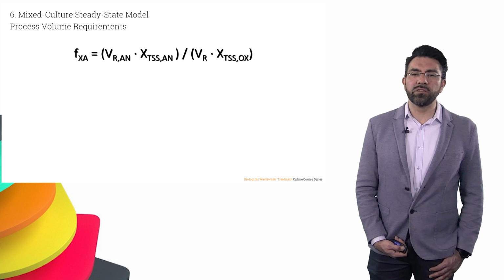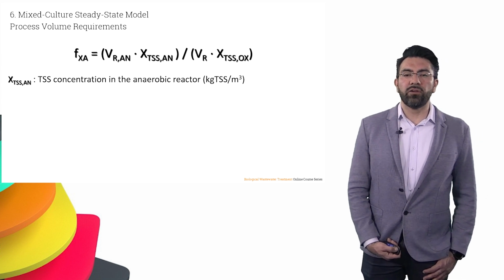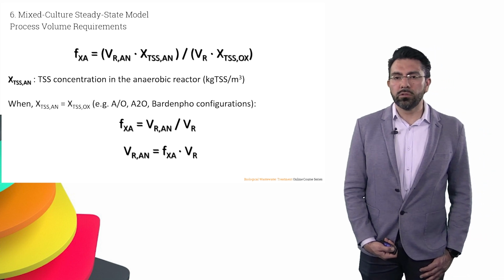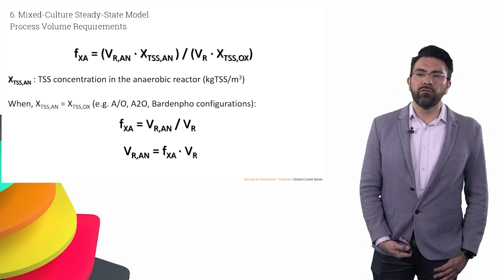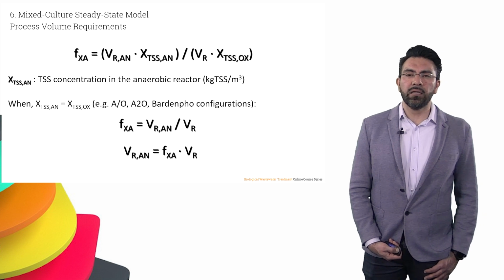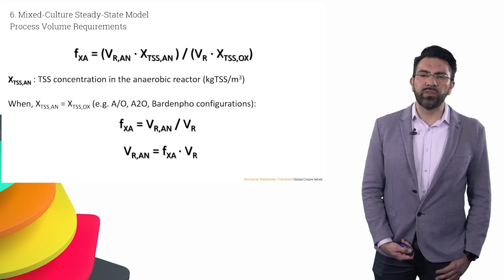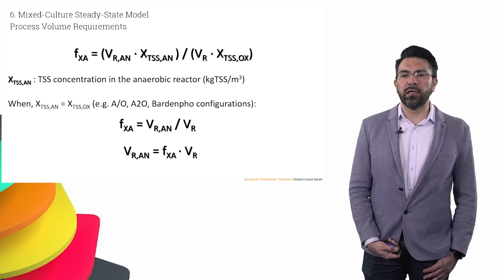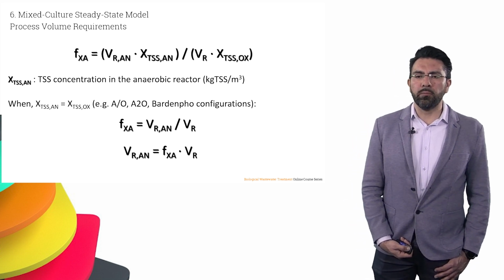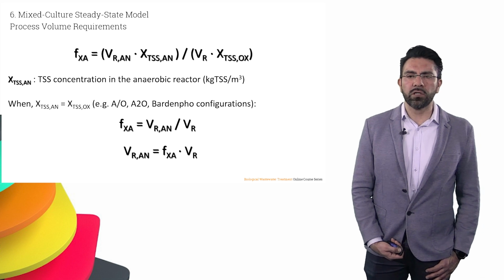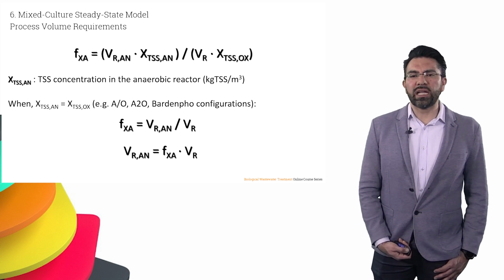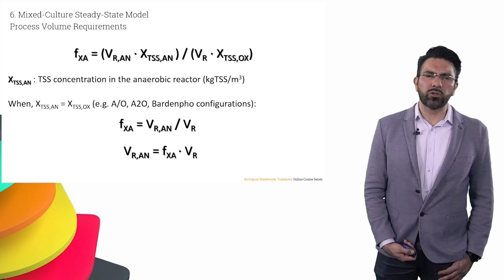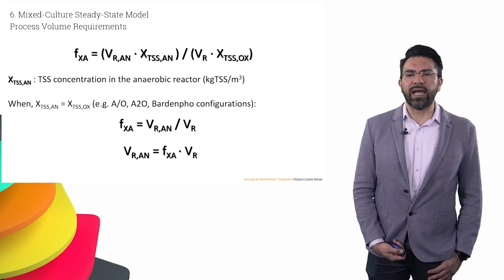For most of the configurations, for example, for the A2O, the UCT, or the Bardenpho configurations, for these systems that do not have different internal recycles compared to, for example, the UCT or the modified UCT configuration, the concentrations of solids in the anaerobic reactors will be very similar to the concentration of solids in the aerobic reactors.